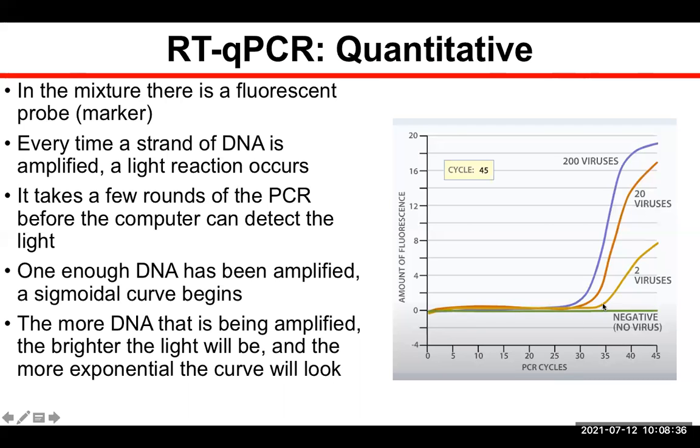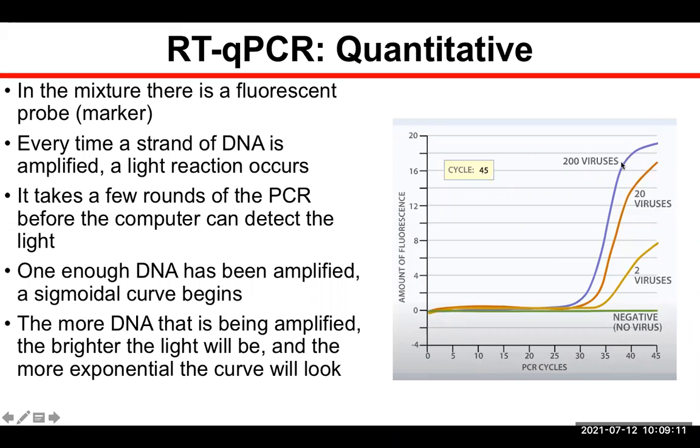And it's not until enough DNA has replicated that there's enough light emitted that the computer can actually detect it, and then you start to see this exponential increase of the amount of replication that's going on. And then once enough light has been created, it's going to be completely exponential, and you're going to have lots of light being detected, and that is going to correlate with the amount of, in this case, virus or genetic material that's present.